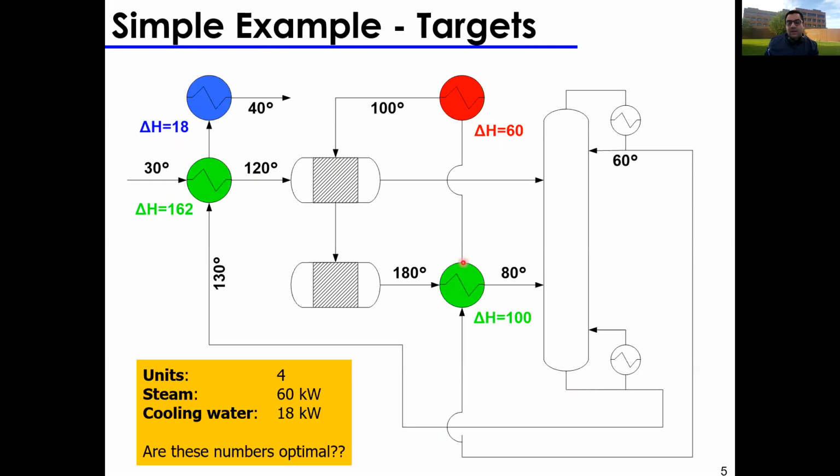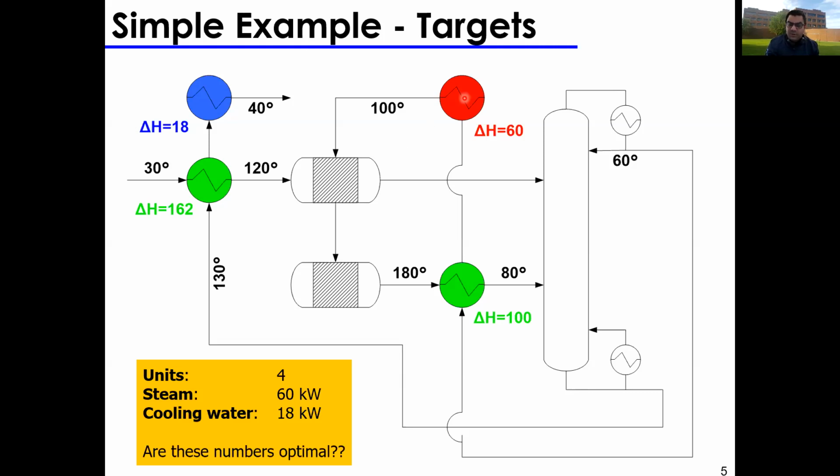On this side, I use this hot stream, which needs to be cooled from 180 to 80, to completely heat up this cold stream, which has to be heated up from 60 to 100. And whatever energy is left has to be added, I just add a small heater here to supplement it, okay? And this was sort of a design.